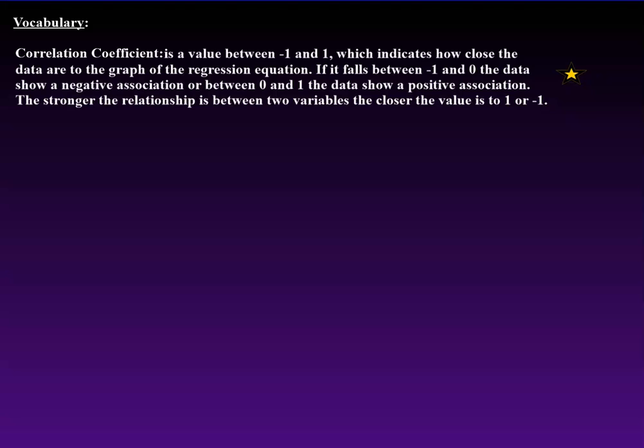If it falls between -1 and 0, the data shows a negative association, or between 0 and 1, the data shows a positive association. The stronger the relationship is between two variables, the closer the value is to 1 or -1.